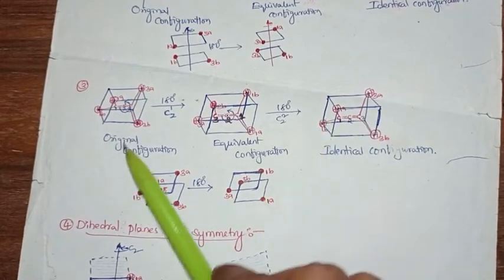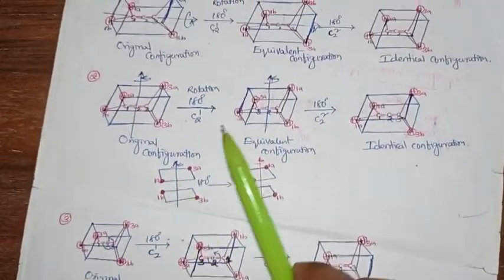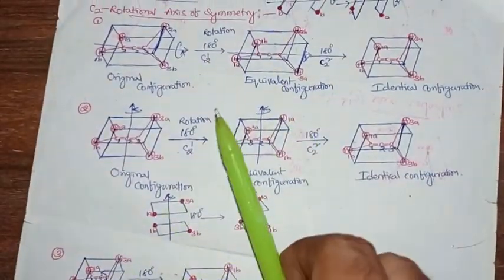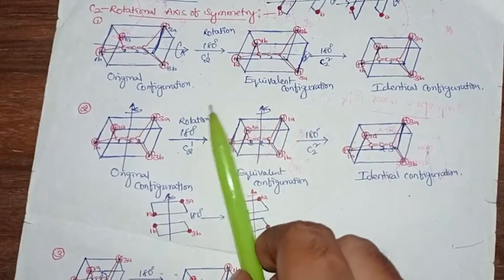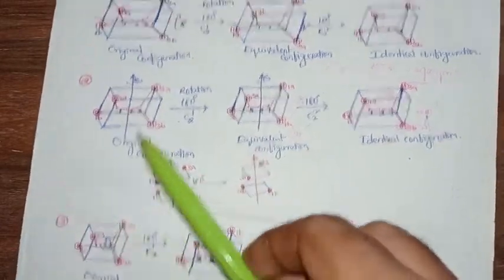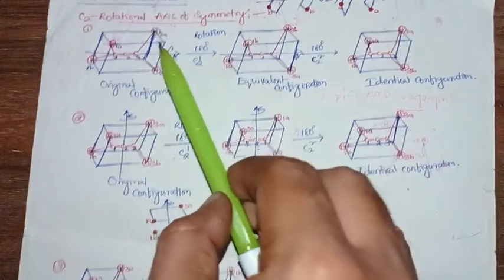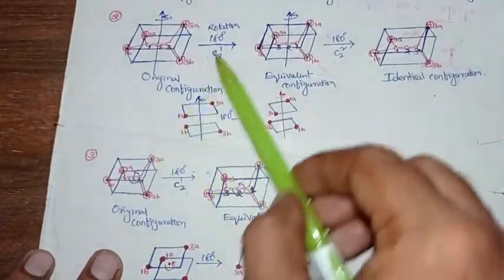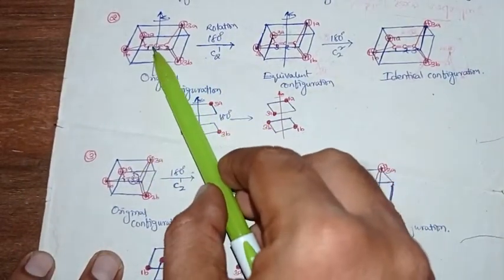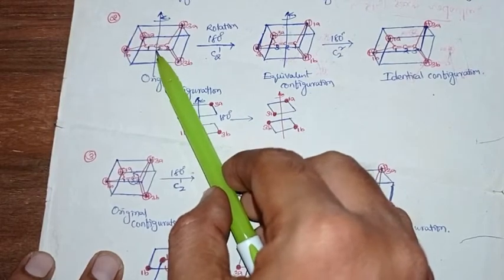That's how the three rotational axes are possible in the allene molecule, where one of the axes is passing through 3 carbon atoms, and the other two C2 rotational axes are passing through only the center single carbon, right.